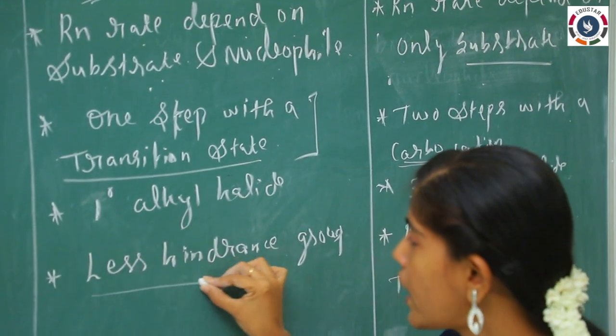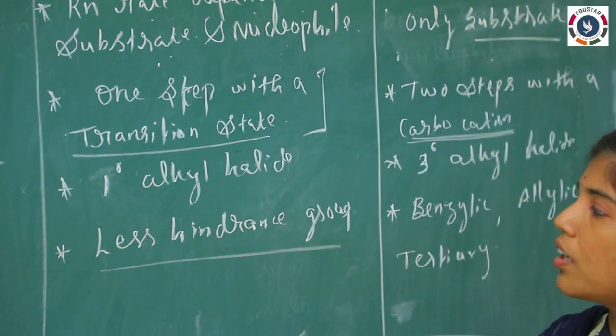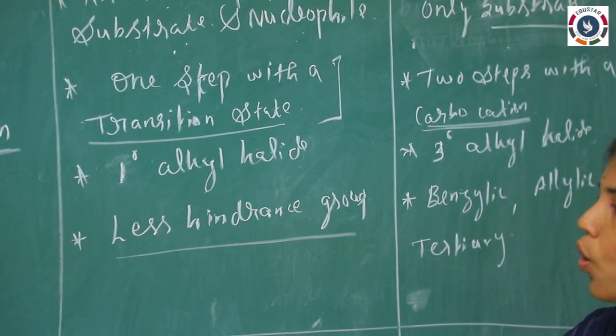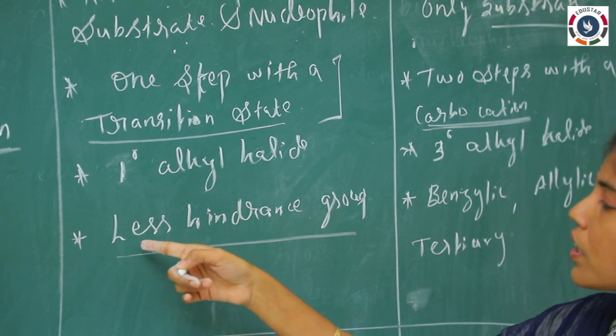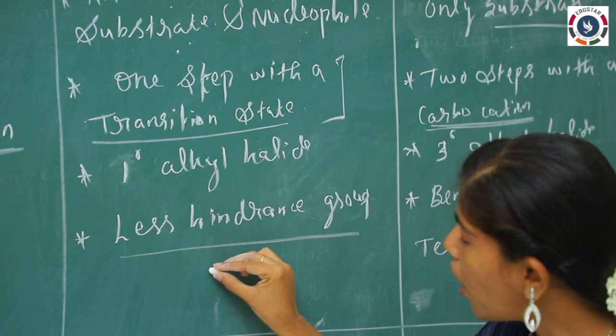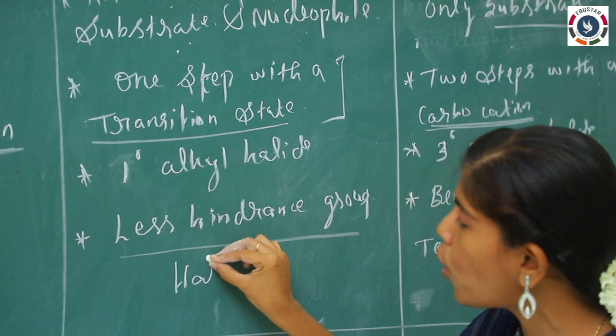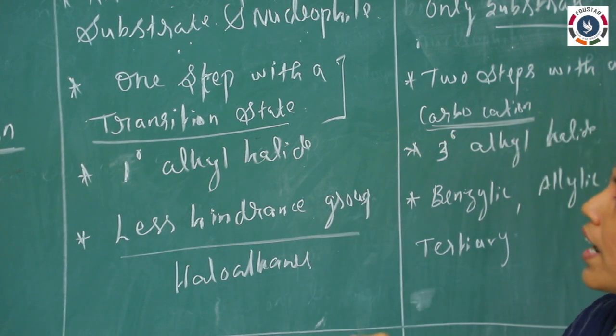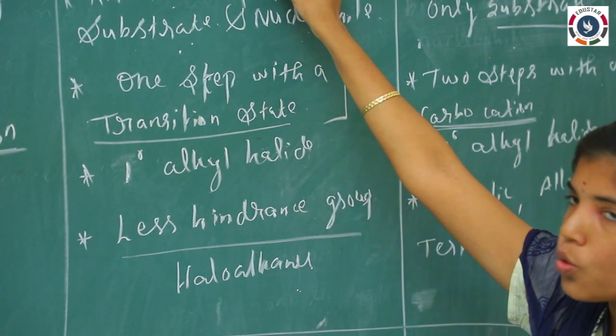Now I am going to talk about the nature of the haloalkanes. Less hindered haloalkanes tend to react through the SN2 reaction.